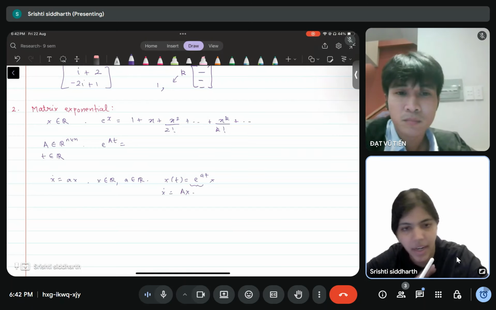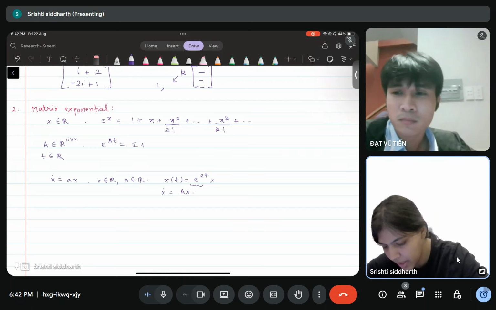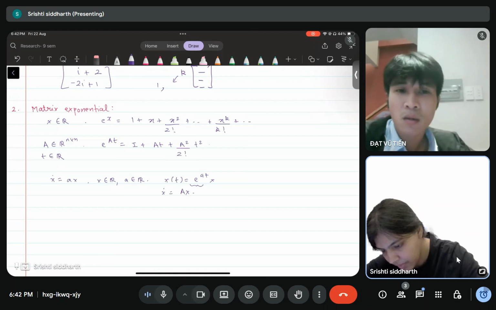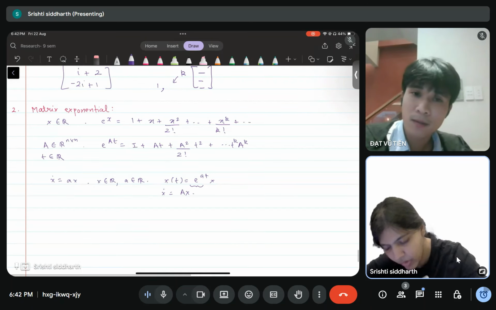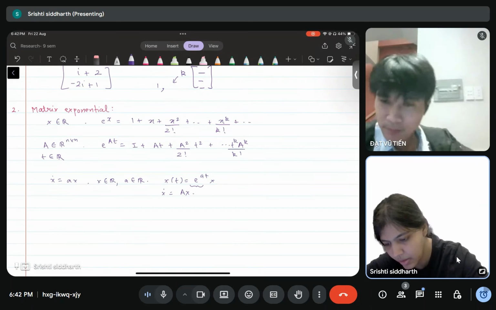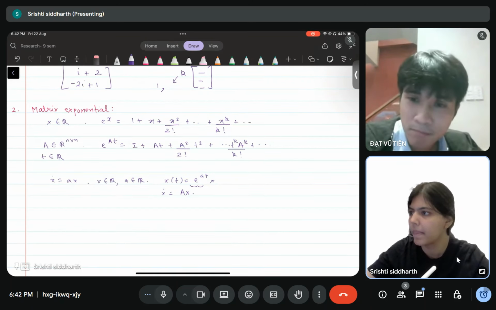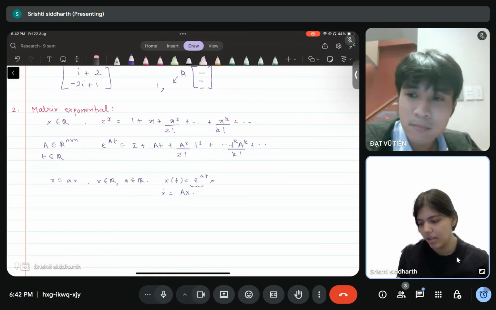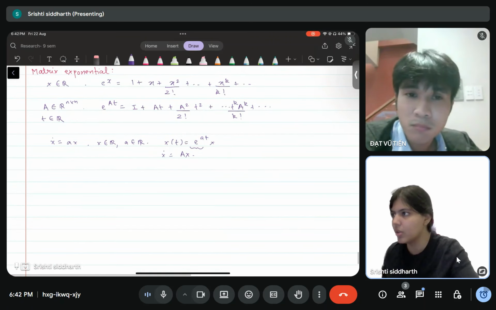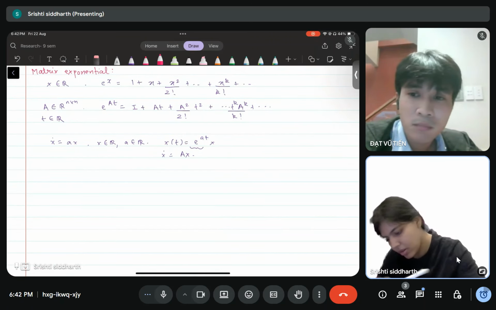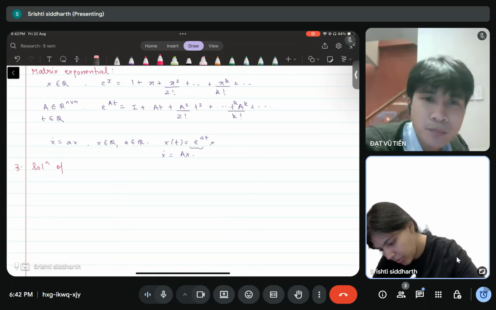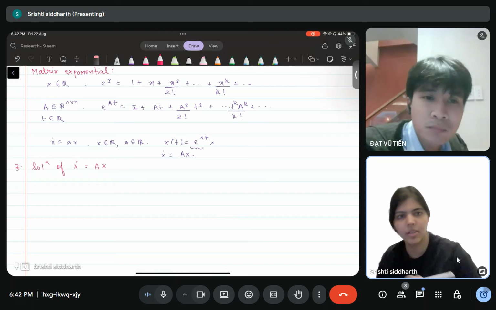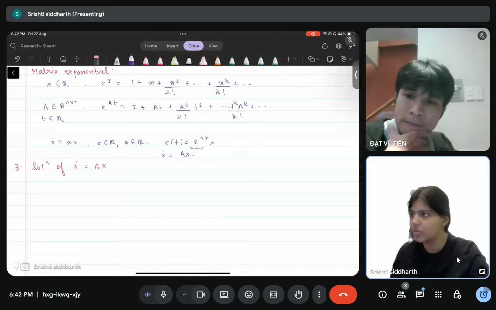So if we are considering an LTI system, this is the formula: I plus At plus A squared by 2 factorial t squared, and so on, up to A to the k by k factorial t to the k. This gives the solution to the state space equation, the solution of x dot equals Ax.